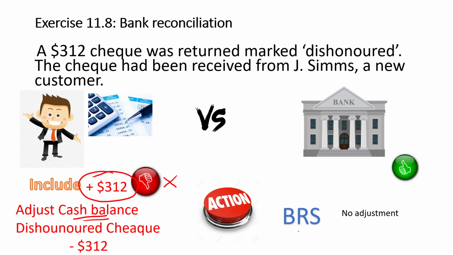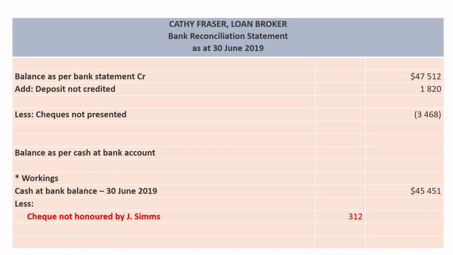So there is no adjustment in the bank reconciliation statement; we need to adjust our cash balance. Our cash balance before this is 45,451. Now I'm going to minus another 312, which had been added before. So minus 312.